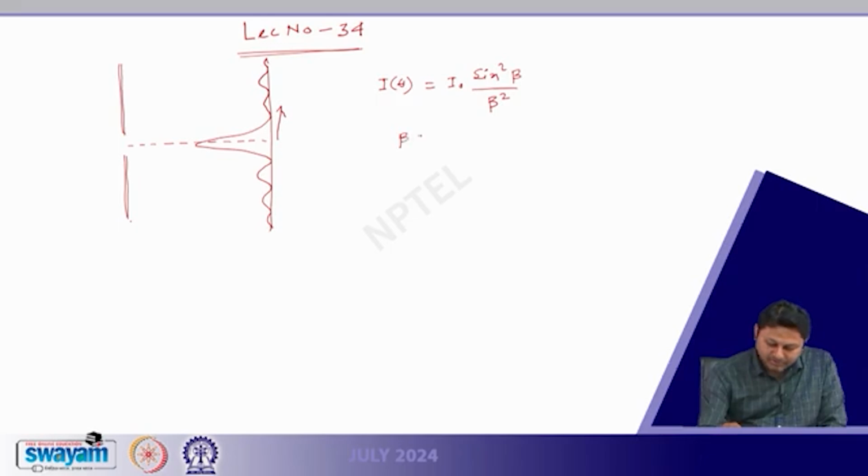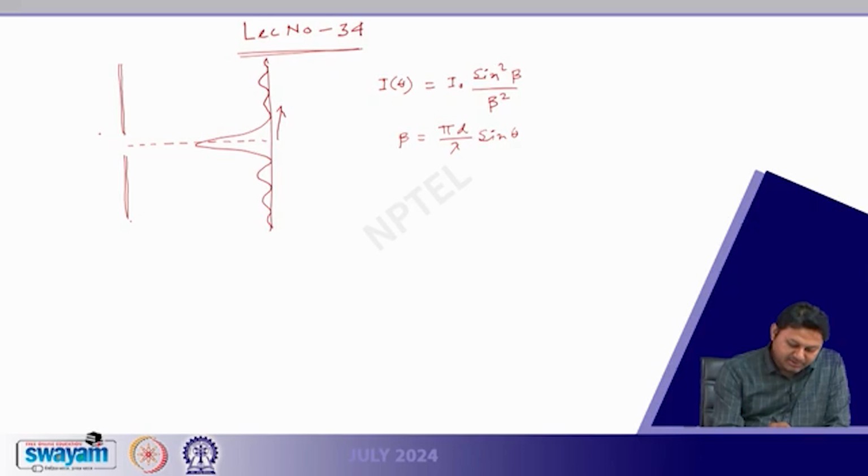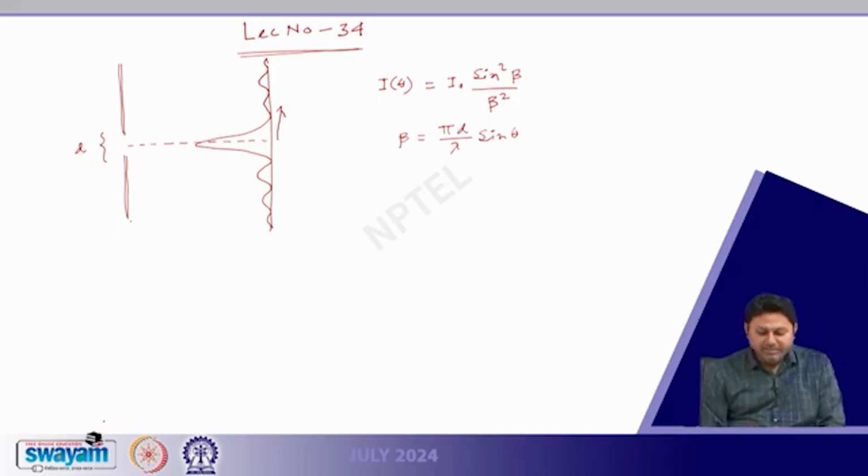Beta is pi d divided by lambda and sine theta. Theta is the angular separation along this direction, and d is the slit width. This is d, and lambda is the wavelength that is applied here.